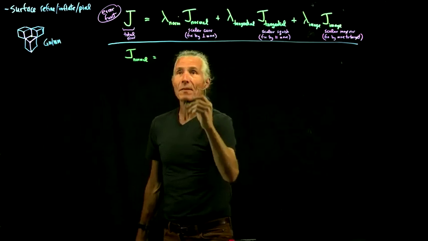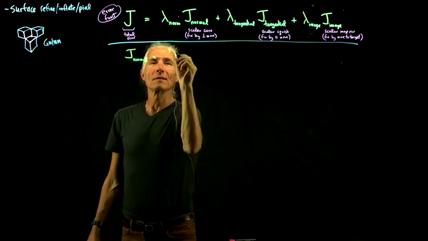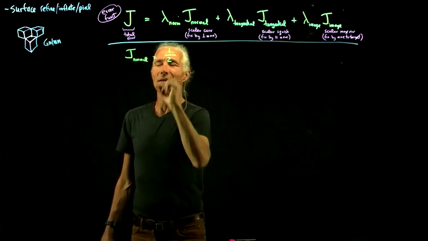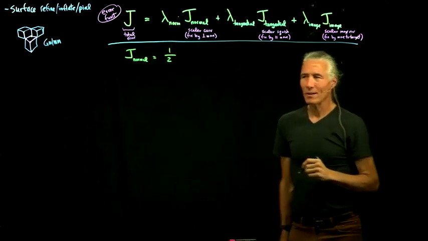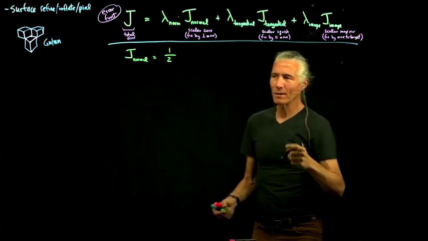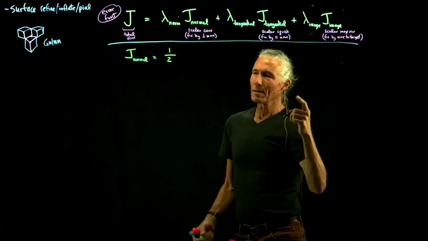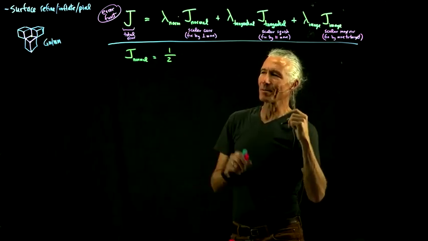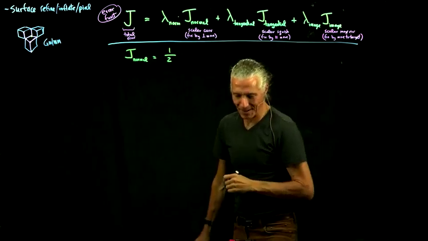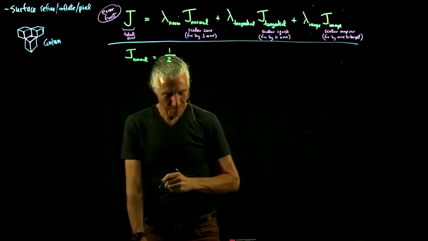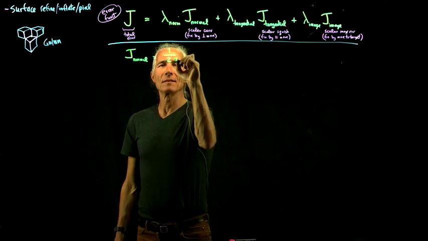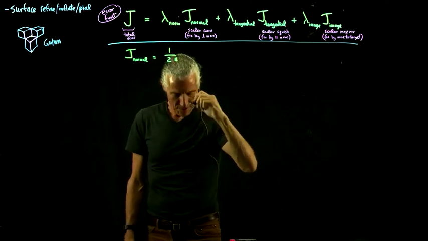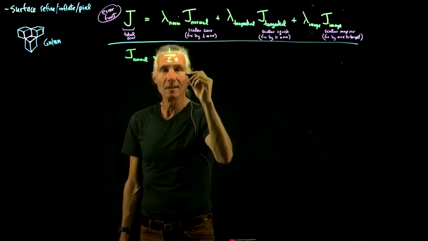So at first it equals 1/2. Now we're going to have something squared, and when we take the derivative of something squared, we'll get 2 times something. And so if we take half of it, it gets rid of that. So that's what the half is for. And then times one over the number of vertices there.